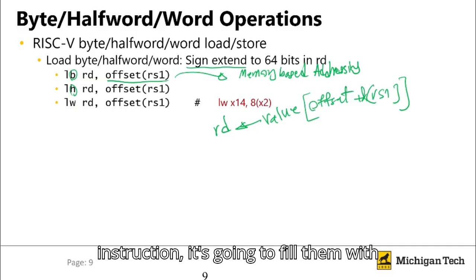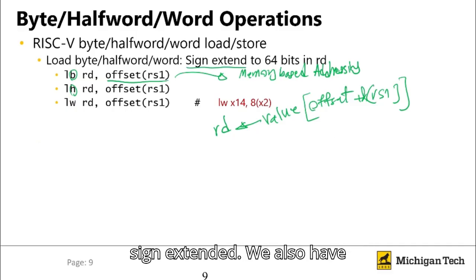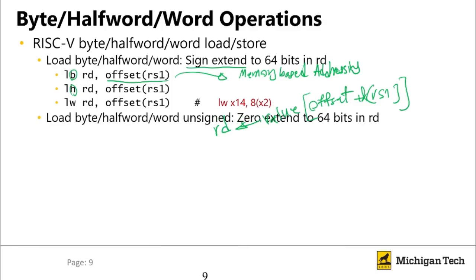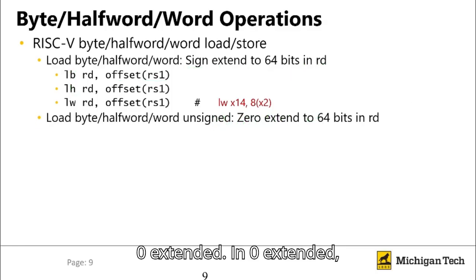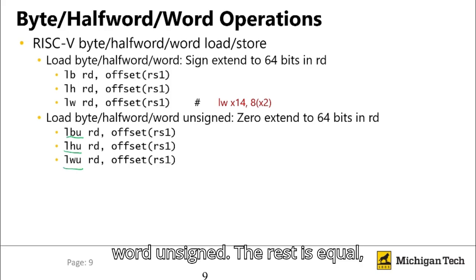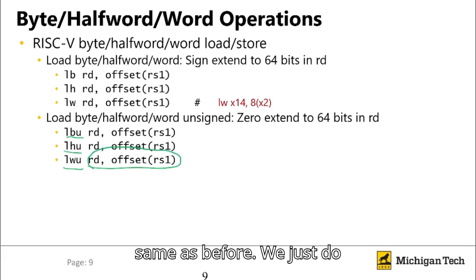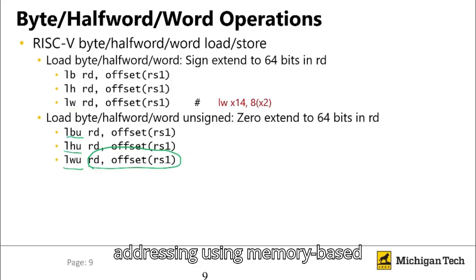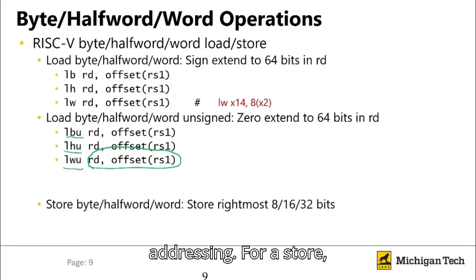If you do this instruction, it's going to fill them with sign extension. We also have zero extension. In zero extension, we have load byte unsigned, load half word unsigned, and load word unsigned. The rest is the same as before. We just do addressing using memory-based addressing.